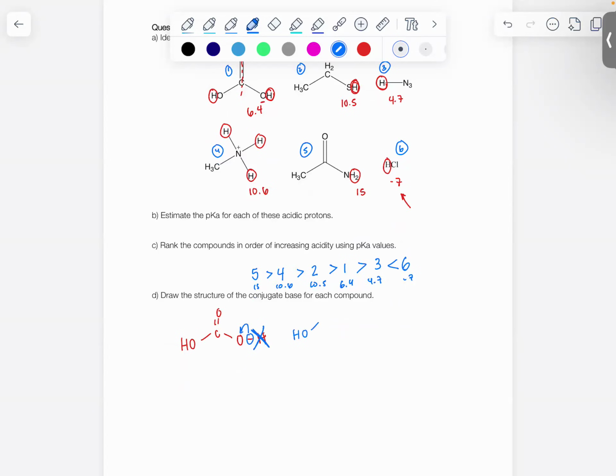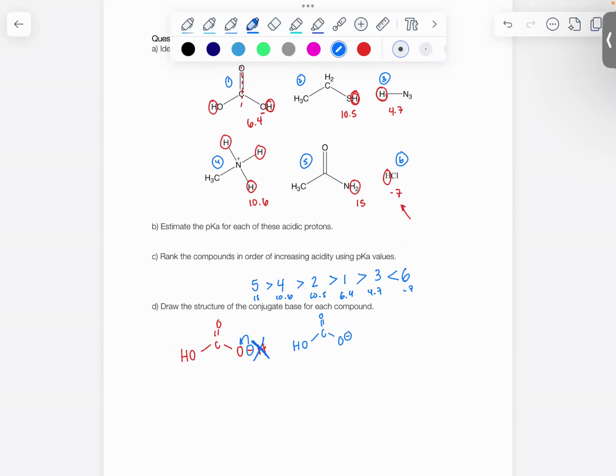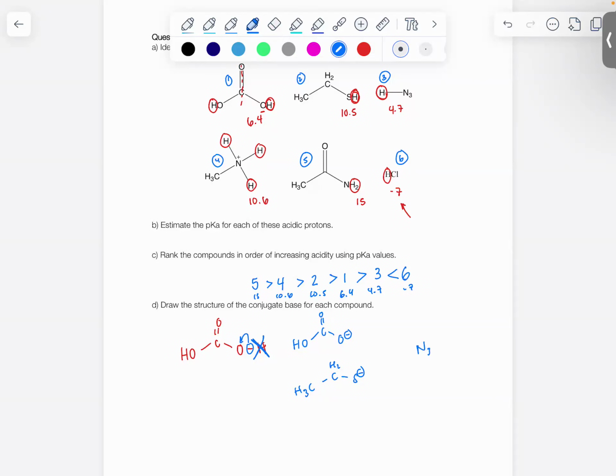And so our conjugate base has that anion on the oxygen, or a negative charge on the oxygen. So now we can go through our other structures and follow the same thought process. That's sloppy. We'll write it out.